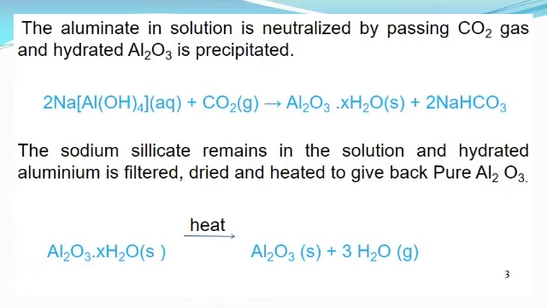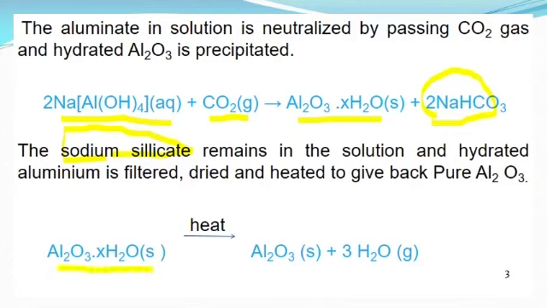The sodium aluminate formed in the previous reaction reacts with carbon dioxide to form solid hydrated alumina. The remaining part of the solution is sodium bicarbonate and the impurity sodium silicate. Both are in dissolved form and can be removed by filtration. After filtration we will get solid hydrated alumina.